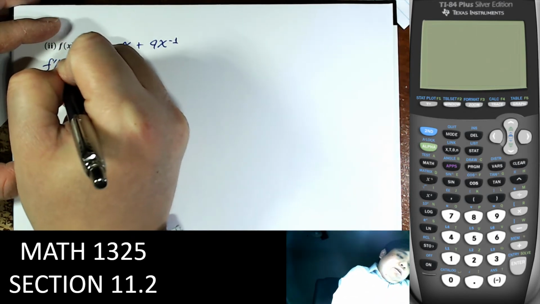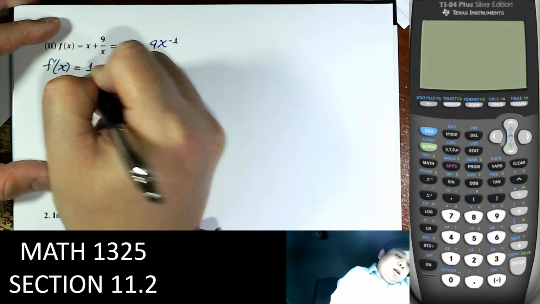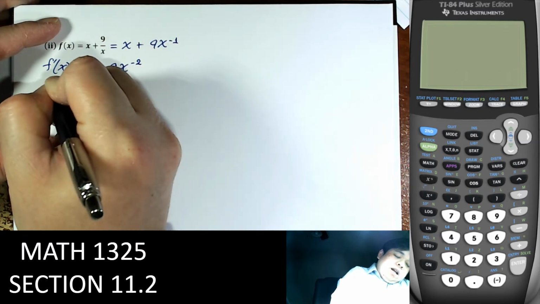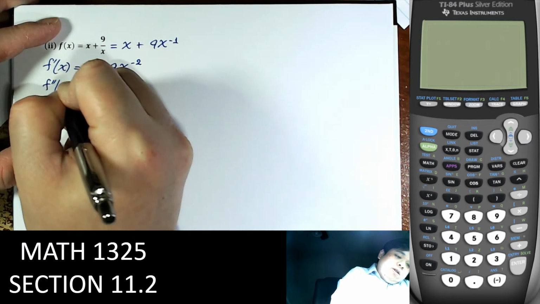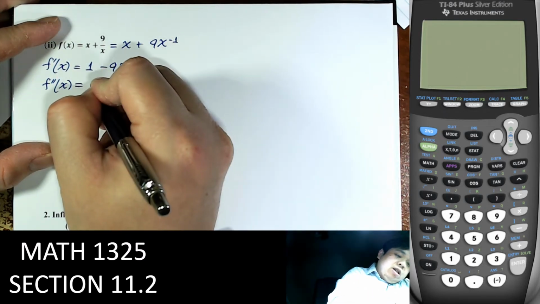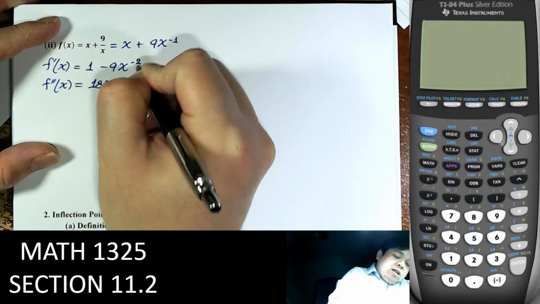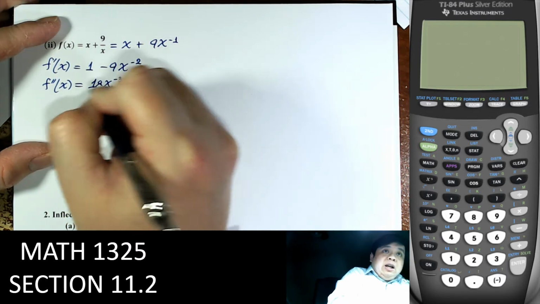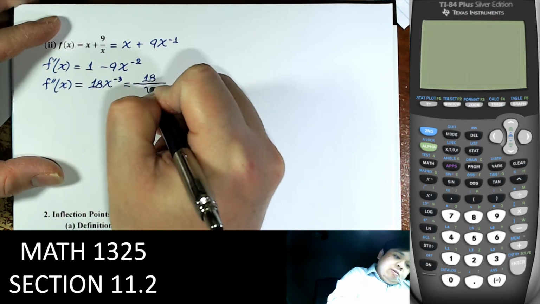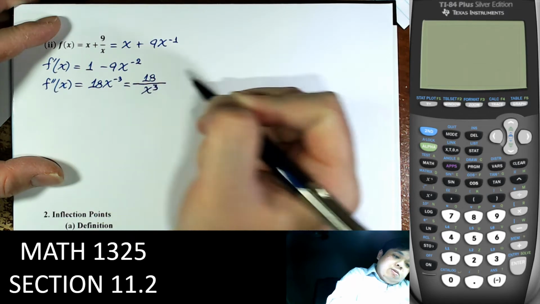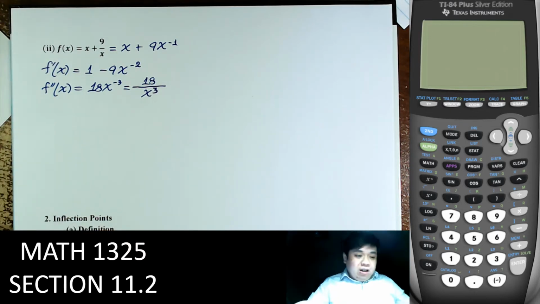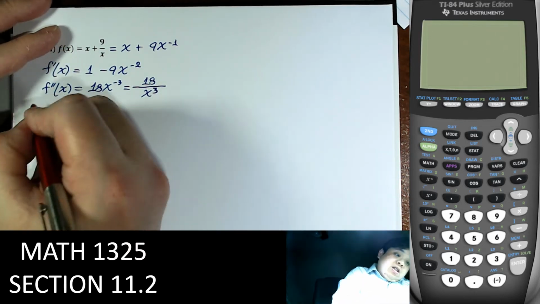The first derivative is 1 minus 9x to the negative 2, and then the second derivative: the derivative of 1 is 0, negative 2 times negative 9 is 18x to the negative 3, and we can move that to the bottom, 18 over x cubed.